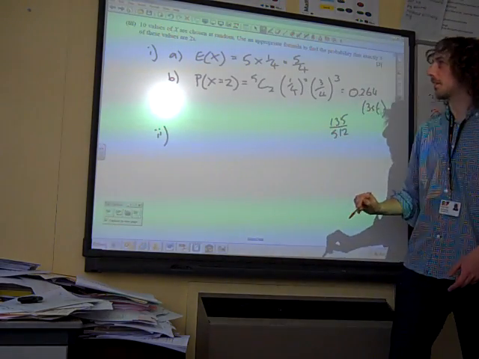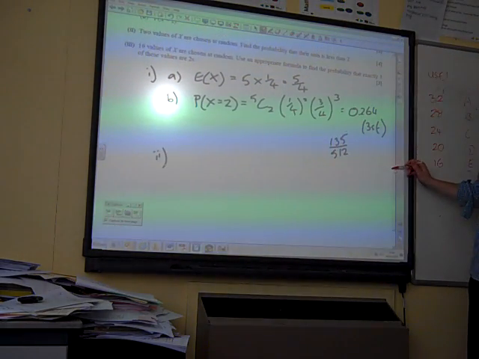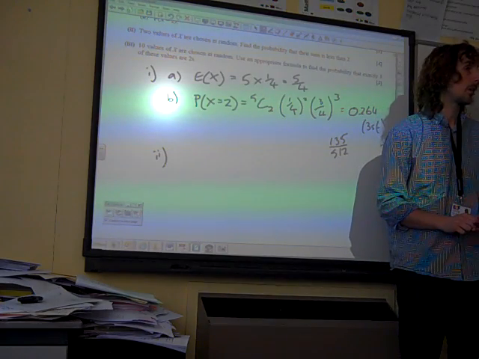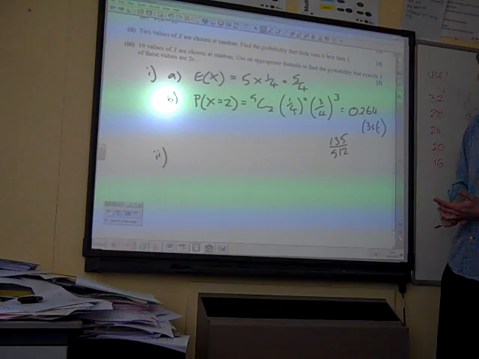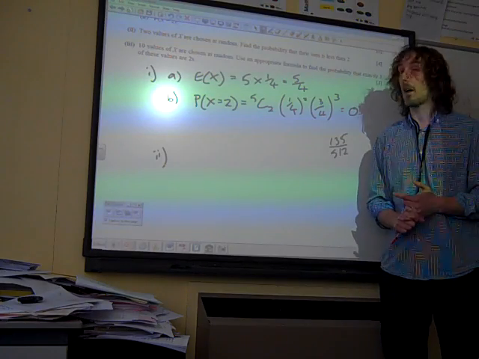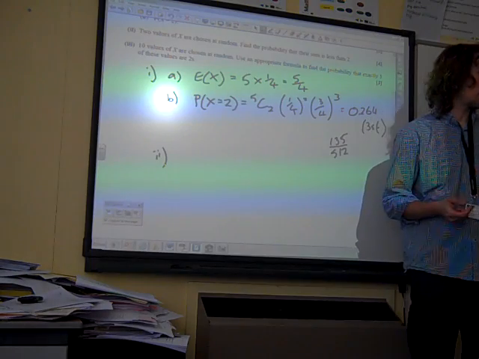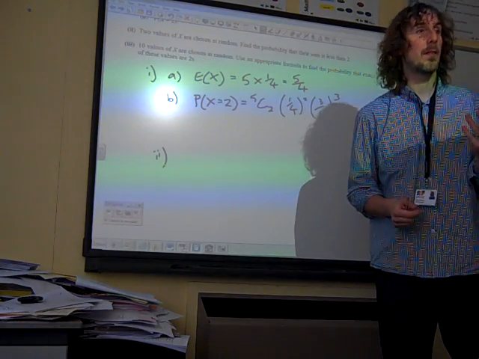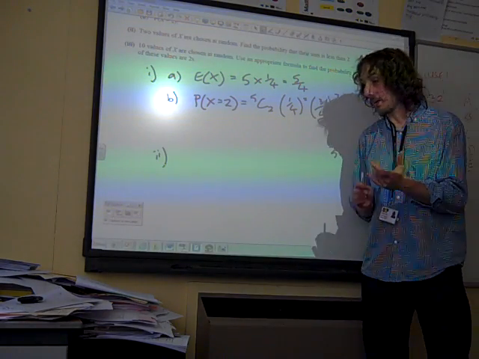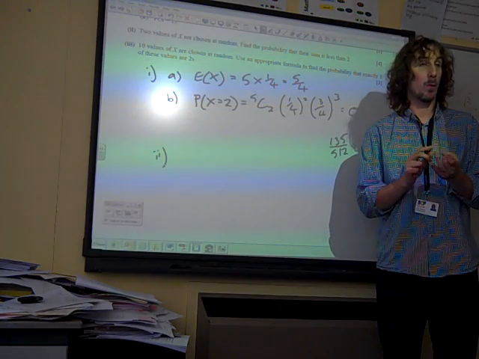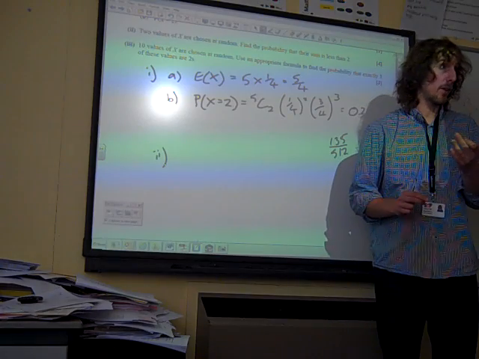Now it starts to get subtly different here. We've got 2 values of x chosen at random. Find the probability that their sum is less than 2. Well, if the 2 are chosen, their sum is less than 2. That means they're either 0 and 0, or they're 0 and 1, or they're 1 and 0.